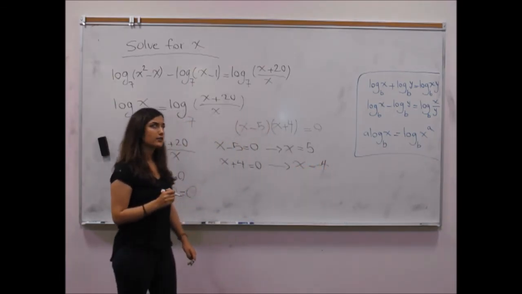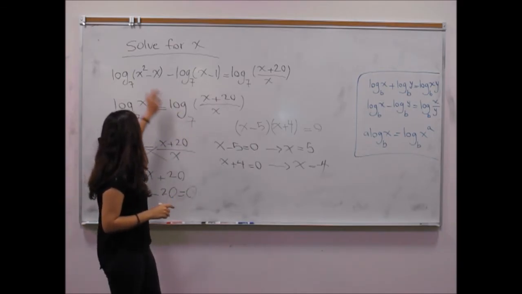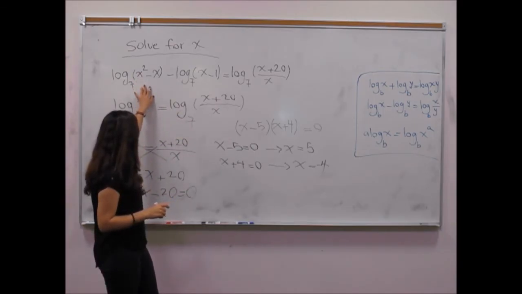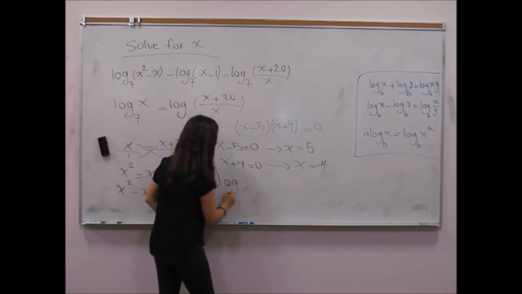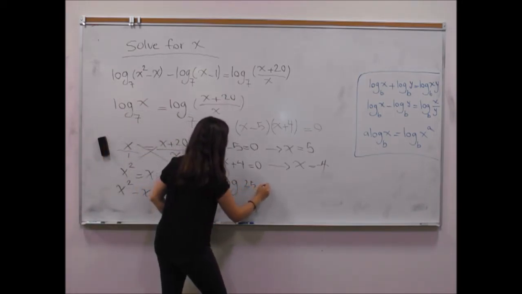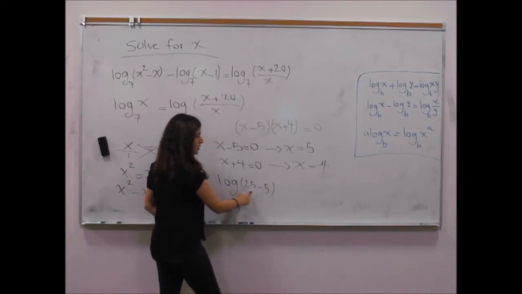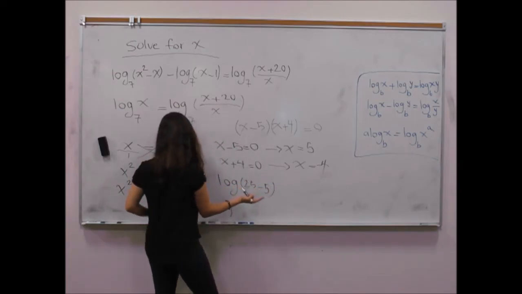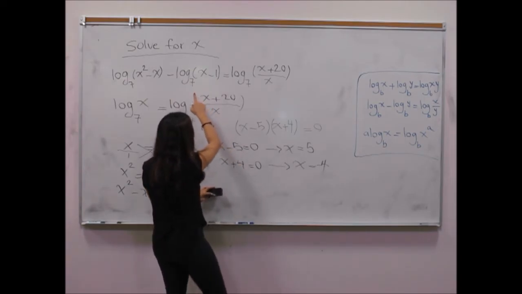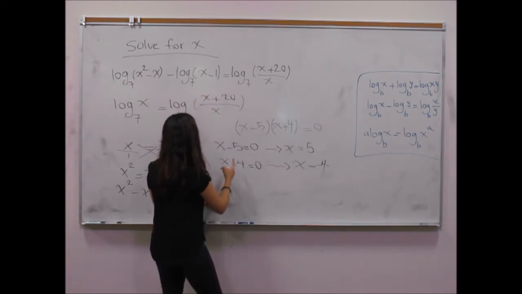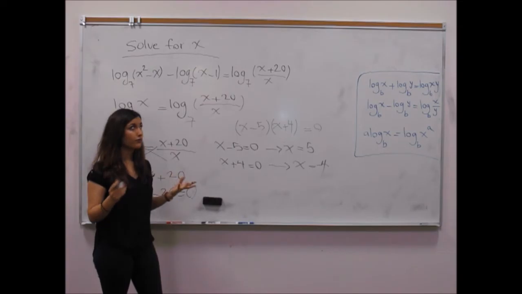So let's check our answers. If we plug in 5 in here, we're going to get a positive number because it's going to be log of 25 minus 5, which is log of 20, which is positive, so it's okay. And then in this one it also works because it's 5 minus 1, it's 4.